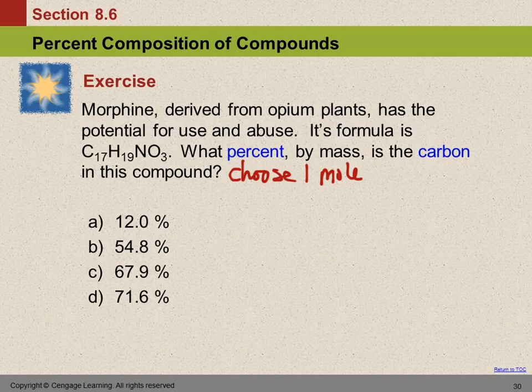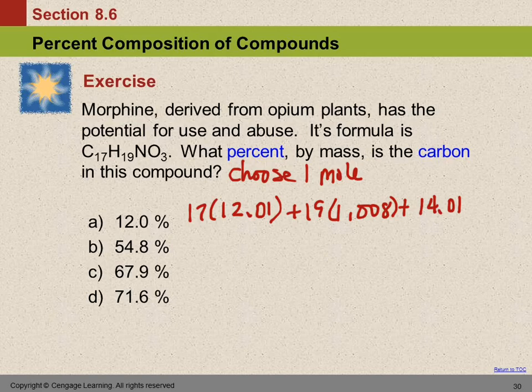So 1 mole of morphine has 17 moles of carbon, and 19 moles of hydrogen, and 1 mole of nitrogen, and 3 moles of oxygen.